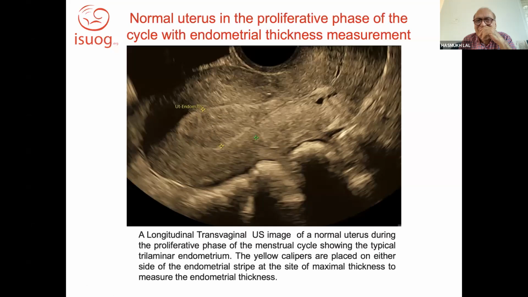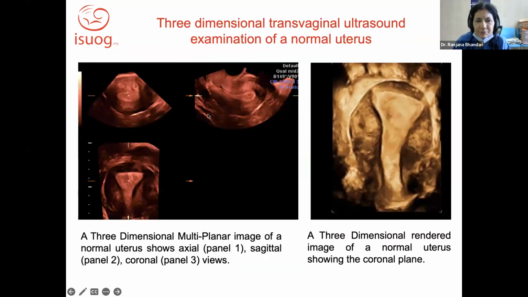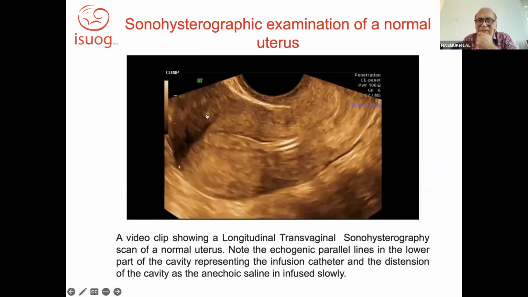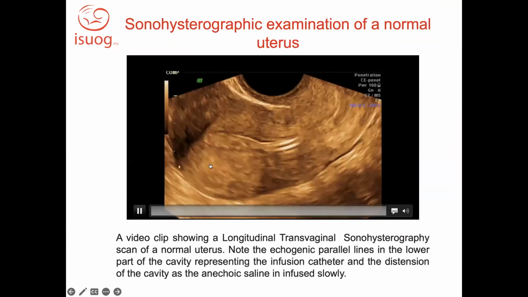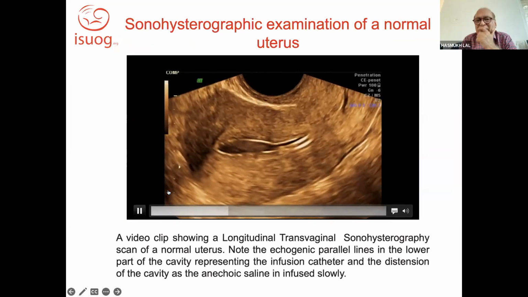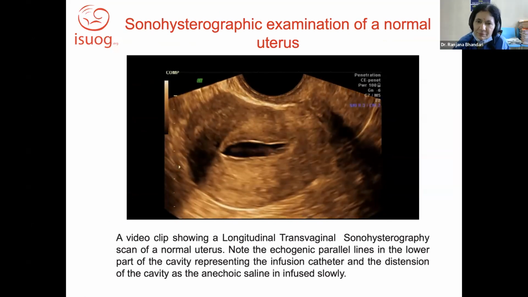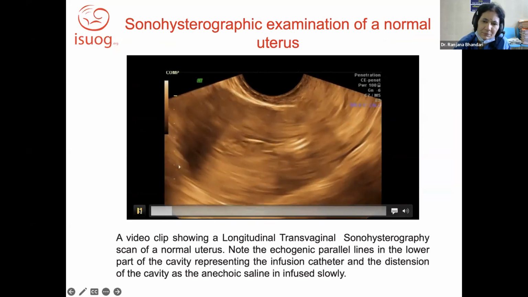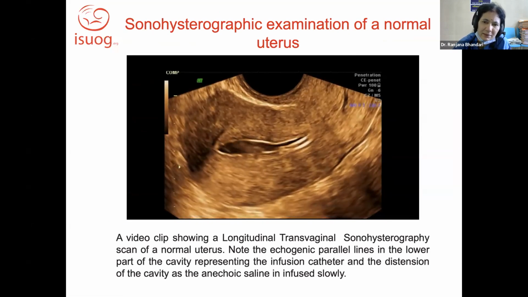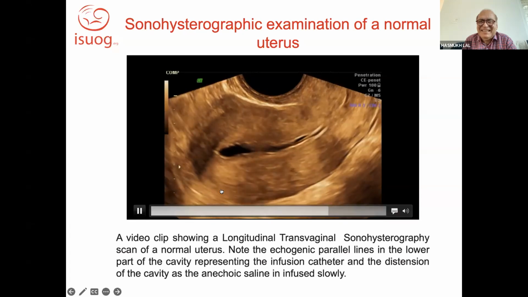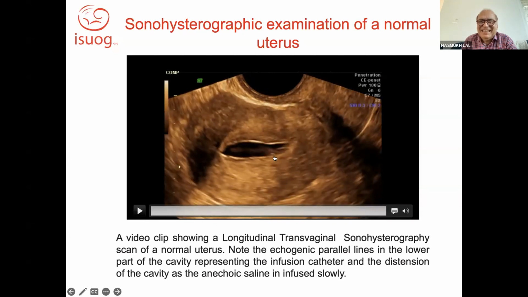This was the slide with endometrium, measurement of this one. This is on 3D. This is fluid, this is saline infusion. Look at this. This is the catheter, the stem of the catheter.